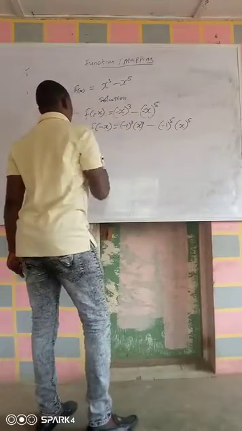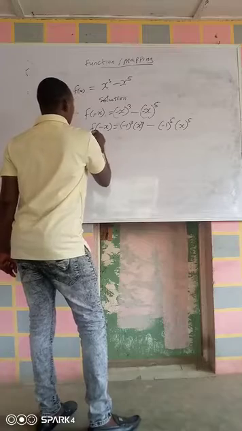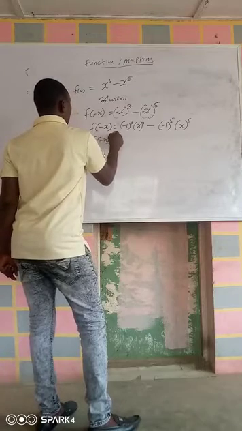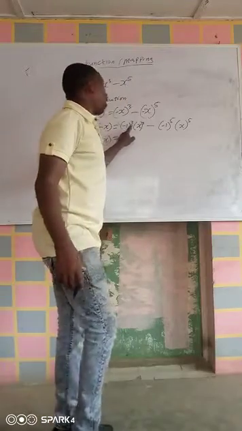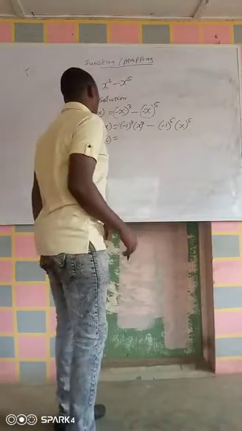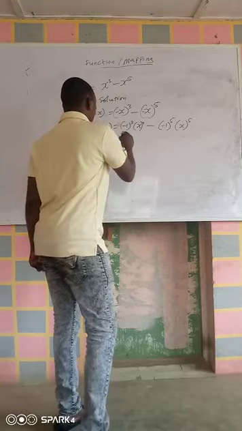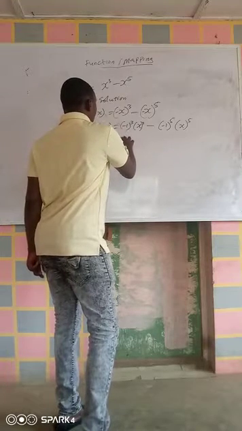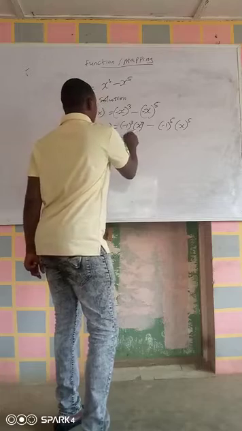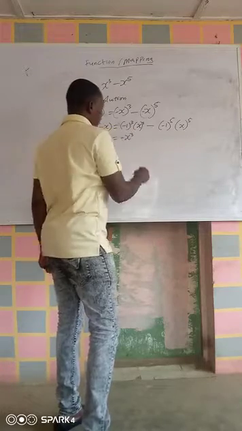When we have a negative sign raised to an odd power, that means we are going to have minus 1. So minus 1 times x cubed gives us minus x cubed.